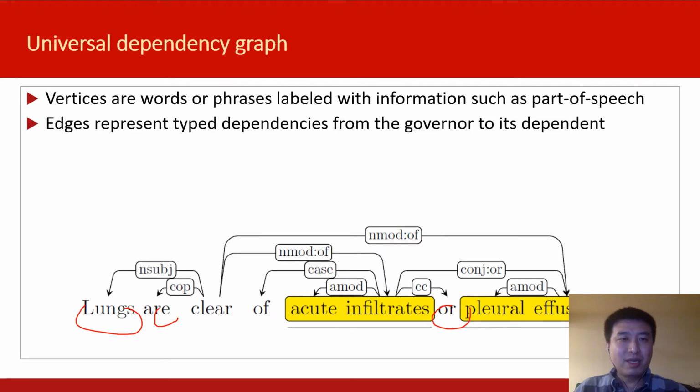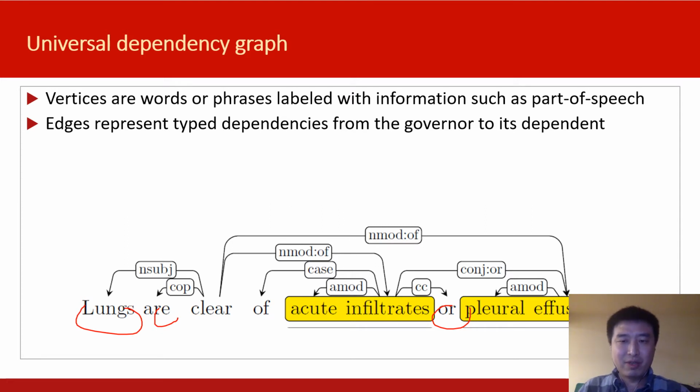Besides vertices, there are also edges to represent typed dependencies from one vertex to another. For example, there's an edge from the word "clear" to the word "lungs" with the typed dependency nsubj. It means that in this sentence, the word "lungs" is the subject of the sentence.